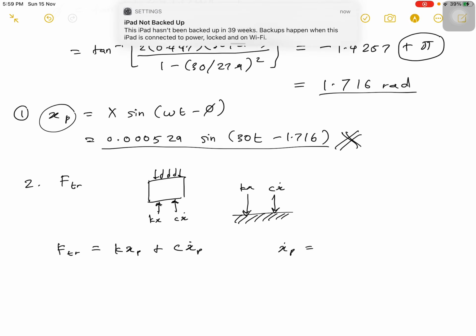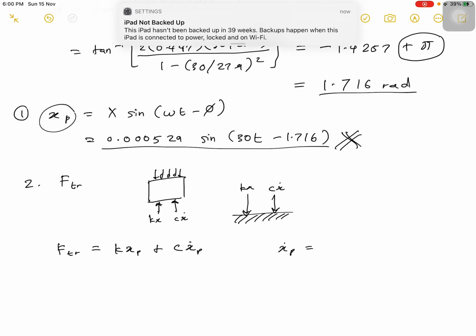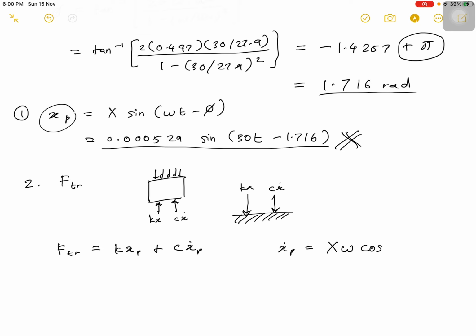Before that, you need to find the x dot p. So x dot p is equal to x omega cos(omega t minus psi).